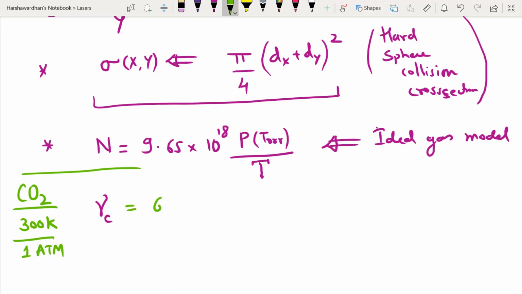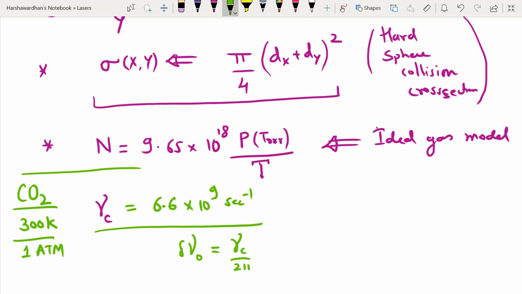Gamma C comes out to be 6.6 into 10 to the power of 9 second inverse. So you can clearly see that my collisional broadened line width is going to be gamma C by 2 pi, which is of the order of 10 to the power of 9 hertz.